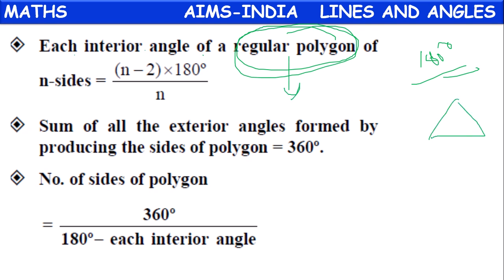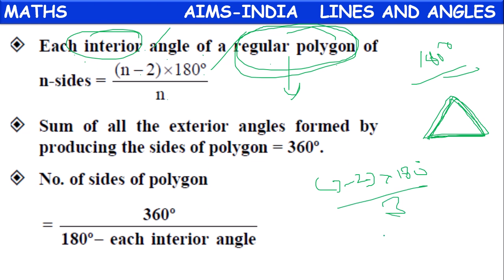If all sides are equal for a triangle, then it is called a regular polygon. Now what is the measurement of each interior angle of a regular polygon? (n minus 2) into 180 by n. So (3 minus 2) into 180 by 3. So 180 by 3 equals 60 degrees. Equilateral triangle.